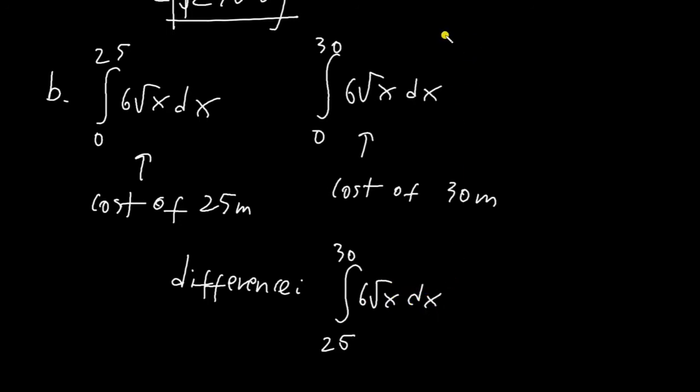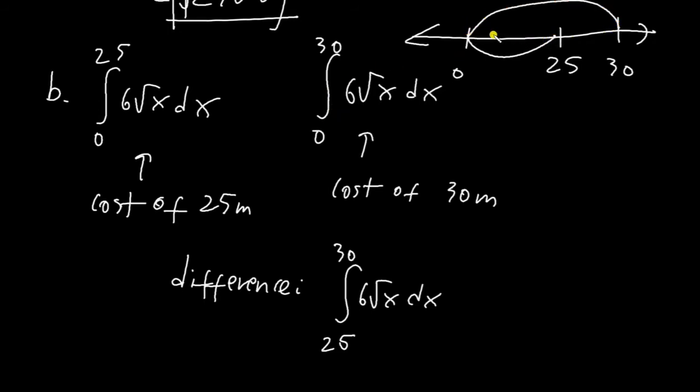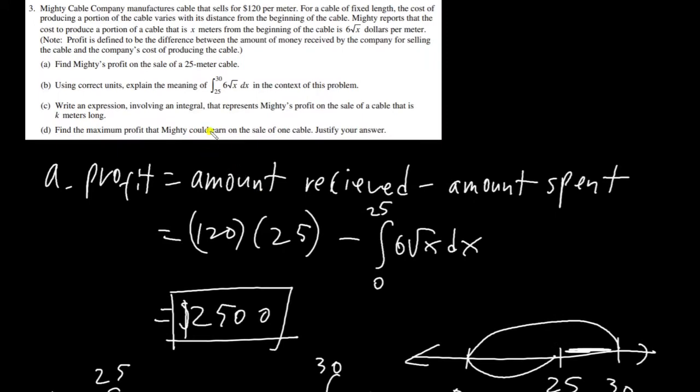You can kind of think of it like a timeline, right? So here's 0, here's 25, here's 30. This first one goes from 0 to 25, the second one goes from 0 to 30, and the difference between these two is this extra distance, the 25 to 30. And then they're asking, what does this mean?